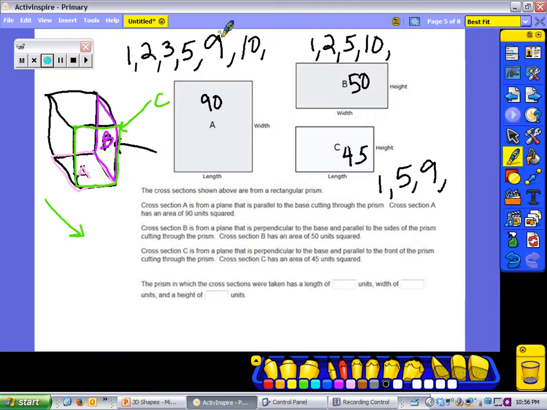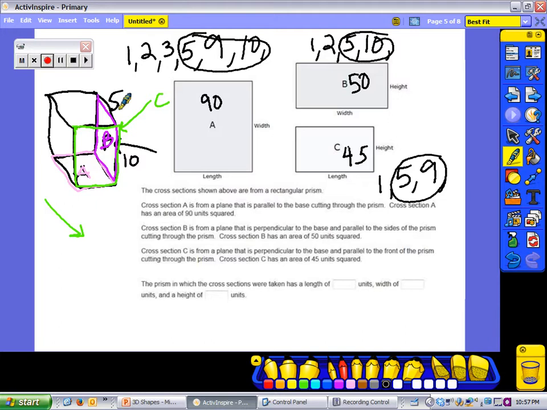And then we can kind of see some patterns, right? We've got 5, 9, and 10 up here. We've got 5 and 10 over here. And then 5 and 9 over here. So let's kind of see what we think makes sense. Let's start off with the sides. 5 and 10. If I gave the side B 10 here and I gave it 5 up here, let's see if that would work out with the front measurement.